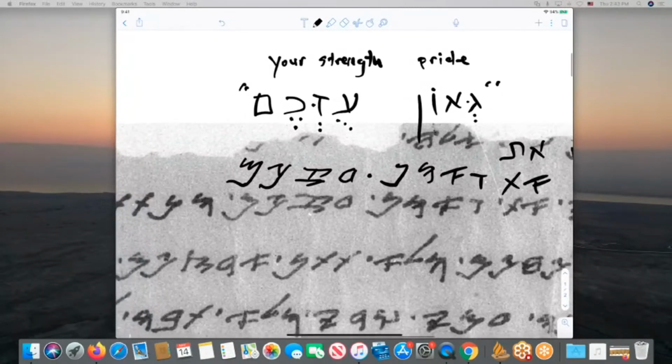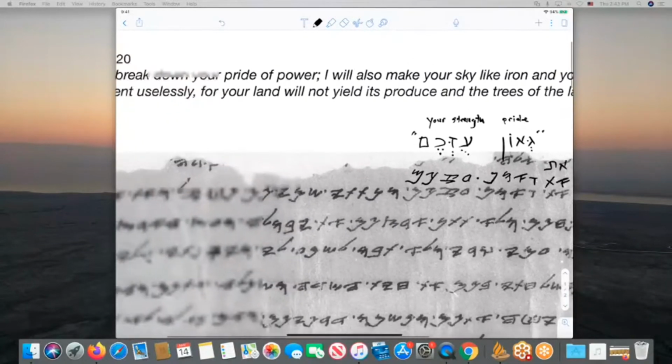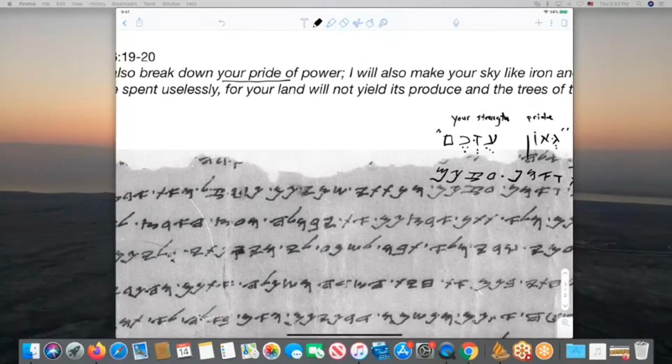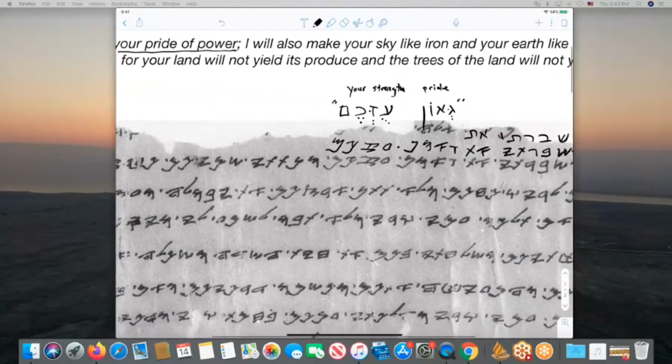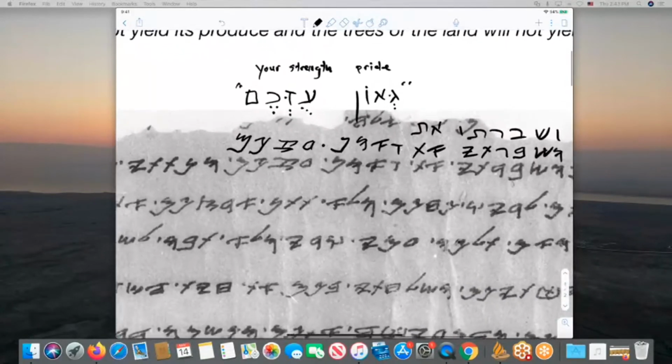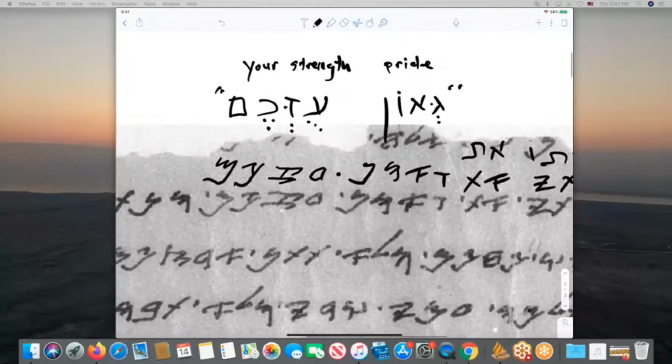How did this translation take it? Oh, your pride of power. That's this phrase. I will break your pride of power. Gaon. Right? It's pride that is the hardened heart against the words of Adonai.